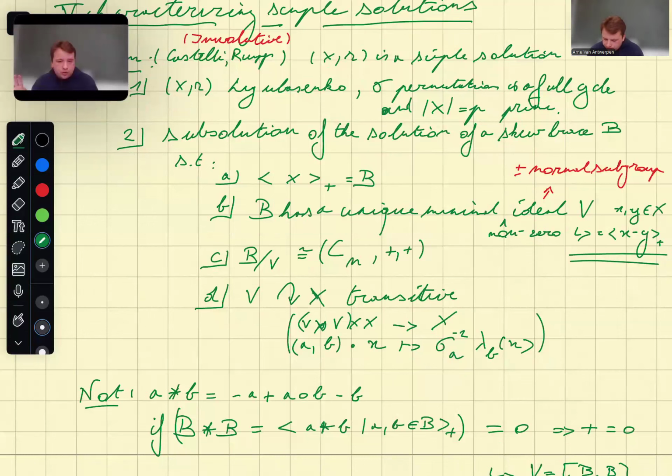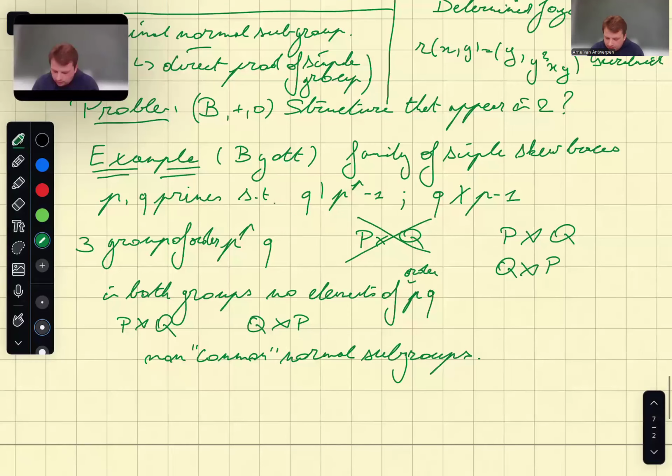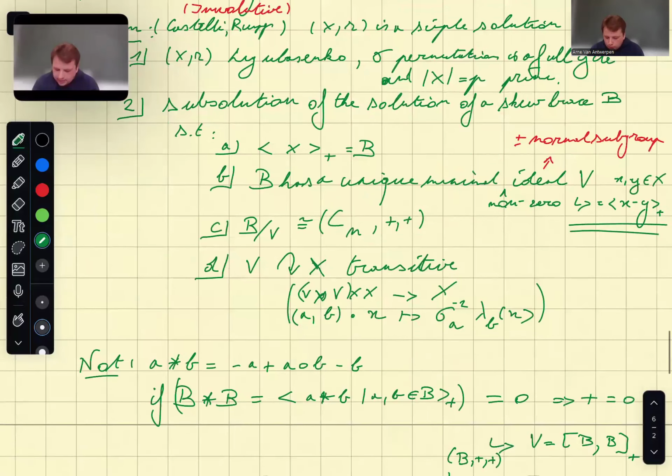They're true. Then you can start looking for A and D. Again, V is in this case the full skew brace. So you just need to check that the action of your skew brace is transitive on the set X you choose.